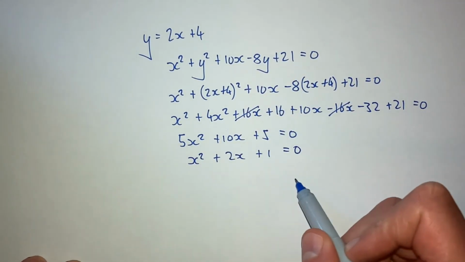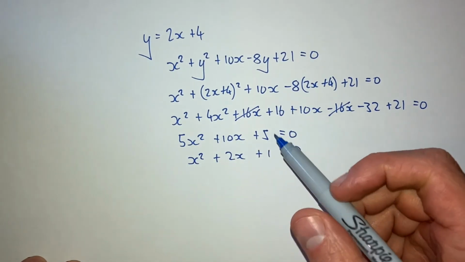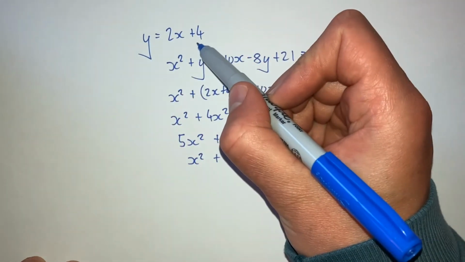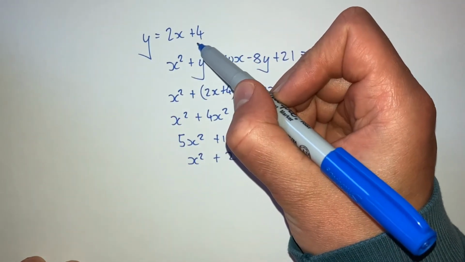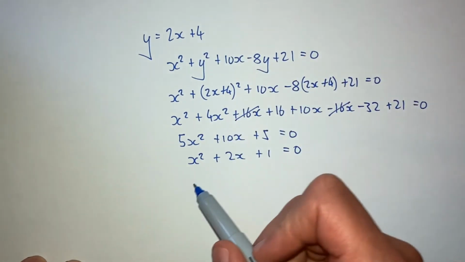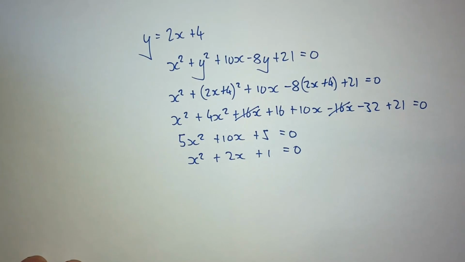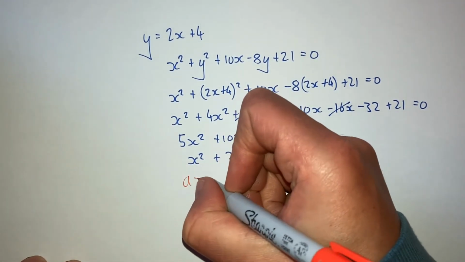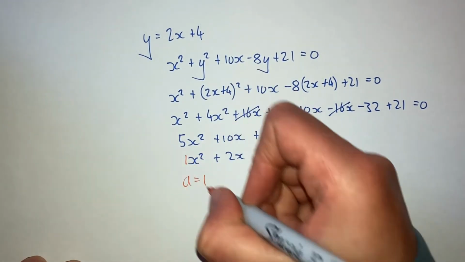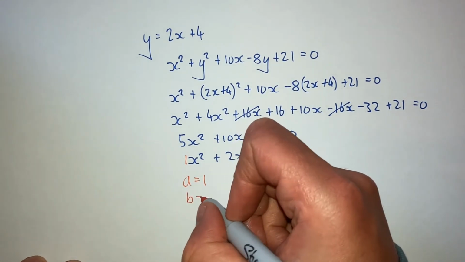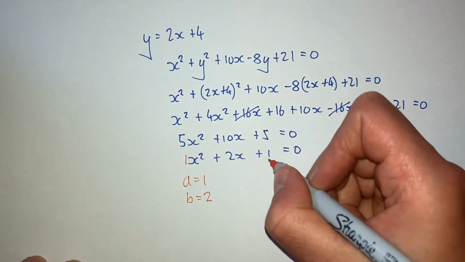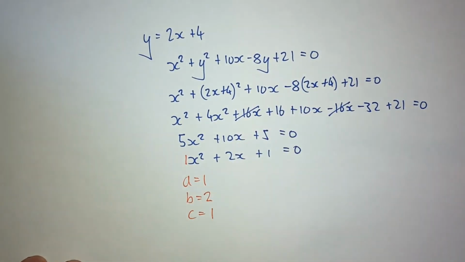Now I don't need to solve the quadratic to determine whether this line y equals 2x plus 4 is a tangent. If it is, I expect the discriminant to equal 0. Here, a is 1 because there's 1x squared, b is 2, and c is 1.